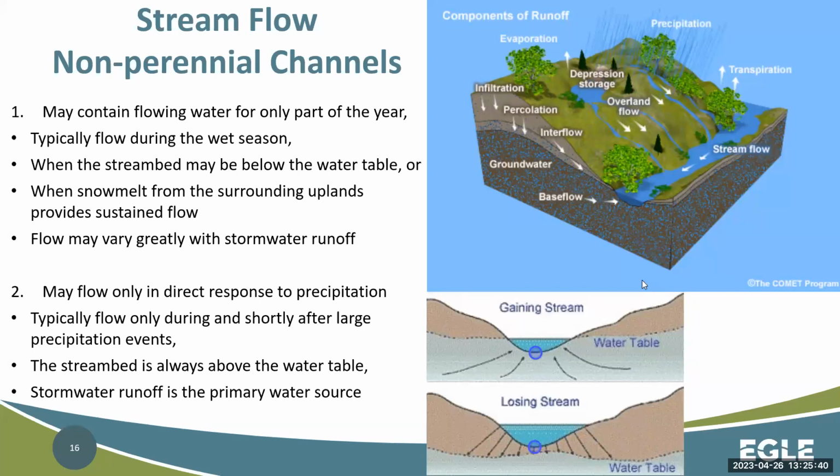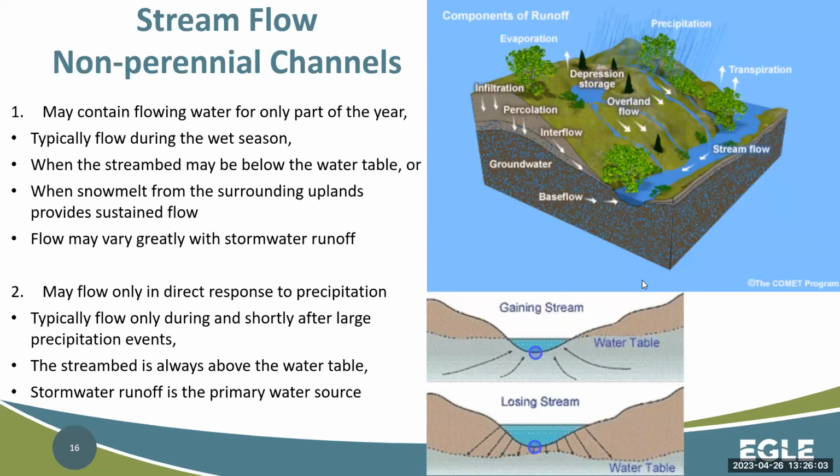Some non-perennial channels may contain flowing water for only part of the year, typically flowing during the wet season when the stream bed may be below the water table or when snowmelt from the surrounding uplands provides sustained flow. And flow may vary greatly with stormwater runoff.